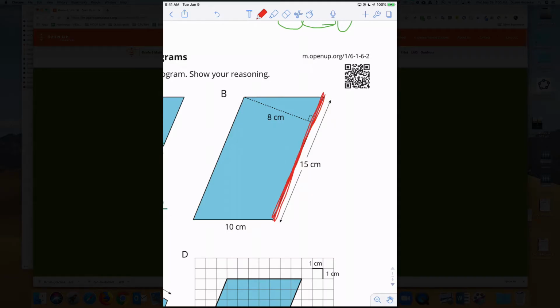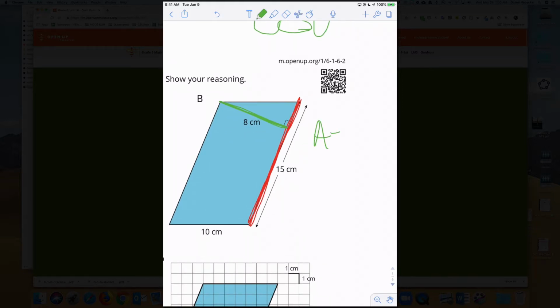So if that's the base, then the height would have to be perpendicular. And there would be the height. And, oh, there it is. It's 8. So we can see that the base is 15. The corresponding height is 8. So the area is base times height, which is 15 times 8, which is 120 centimeters squared.